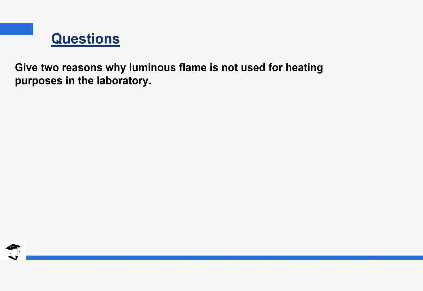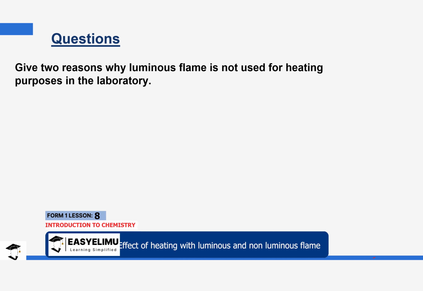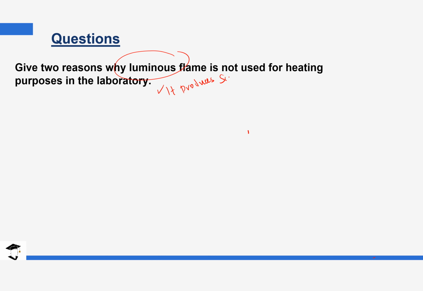The first question is: give two reasons why the luminous flame is not preferred for heating purposes in the lab. We do not prefer the luminous flame because first, it produces soot. This soot dirties the apparatus.